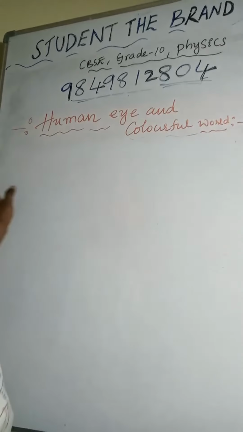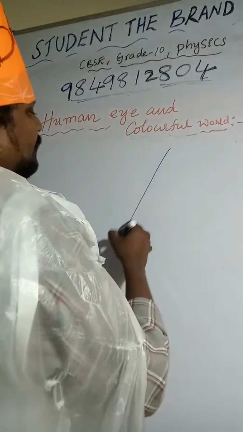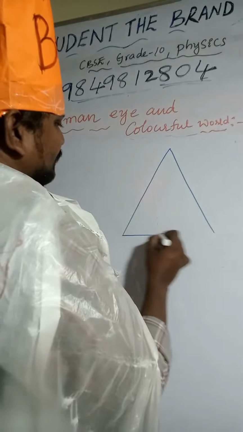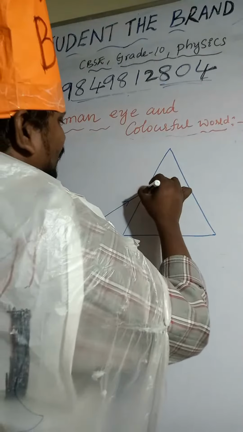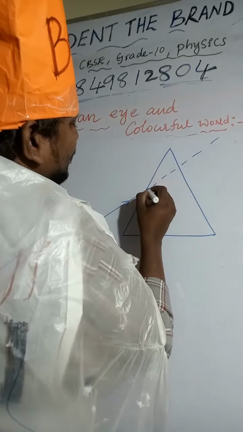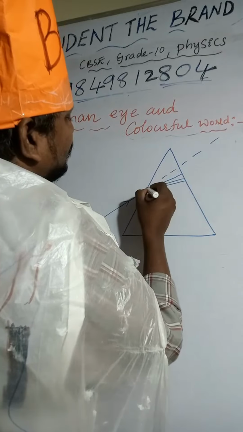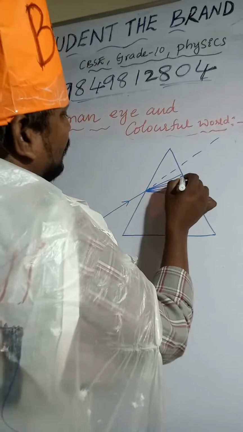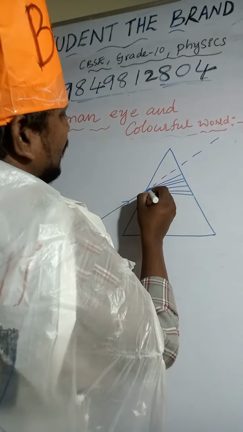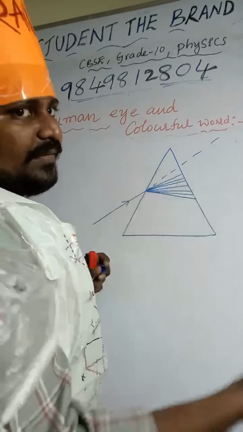Next one, when a light ray passes through the prism, how will it happen? I'm taking the prism like this. This is a prism, a triangular prism. A light ray passes like this, and here the light rays will bend. 1, 2, 3, 4, 5, 6, and 7.